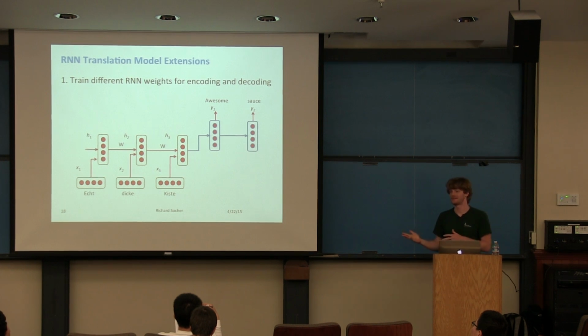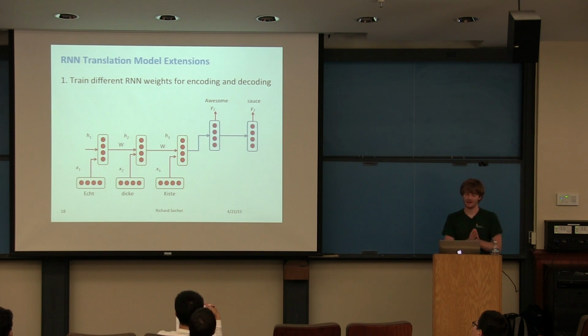Some are relatively simple. The 5th one is going to lead us to these gated recurrent units and LSTMs, which are a little more complex. So the first one is that we'll basically train different recurrent neural network weights for encoding and decoding. So maybe we have here our German model, an encoder, and then we take the last vector here, and then we condition our English decoder on that vector.